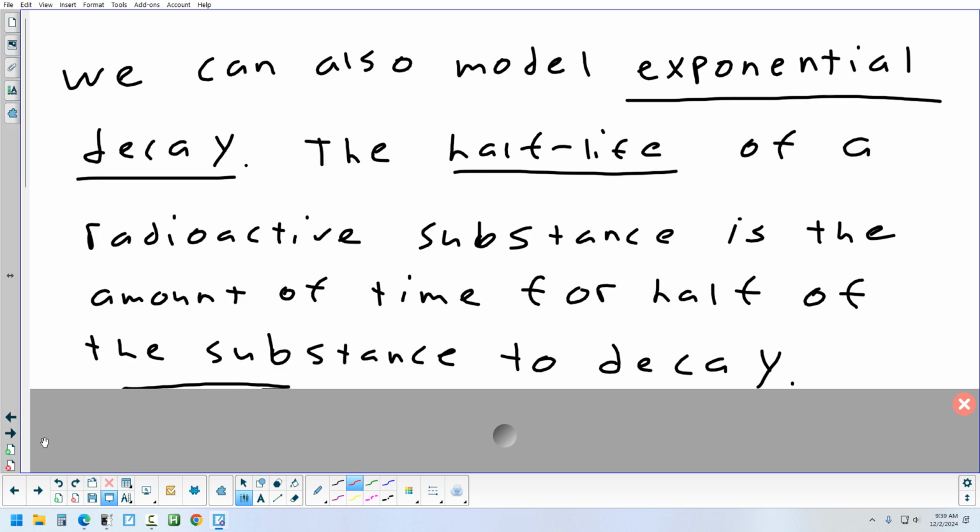So what that means is, let's say you have like a nuclear power plant, and maybe you made 100 pounds of nuclear waste. And let's say the half-life of that material is 1,000 years. So after 1,000 years, instead of having 100 pounds of waste, it'll have broken down into 50 pounds. After another 1,000 years, instead of 50 pounds, it'll be at 25 pounds.